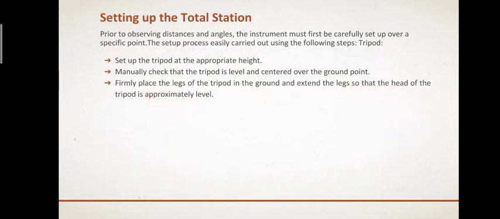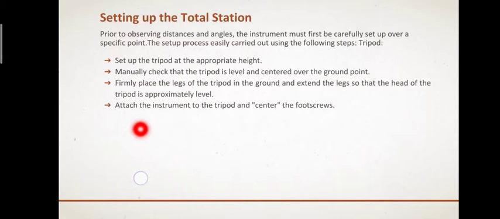When you have checked the center and the level, once again, if it is not level, then you have to adjust the legs. You can increase or decrease the length of the legs with the help of a knob, so that the tripod is in the center and level also.